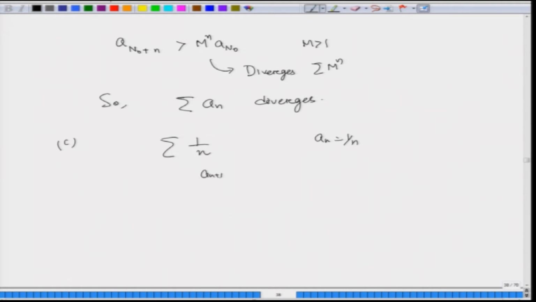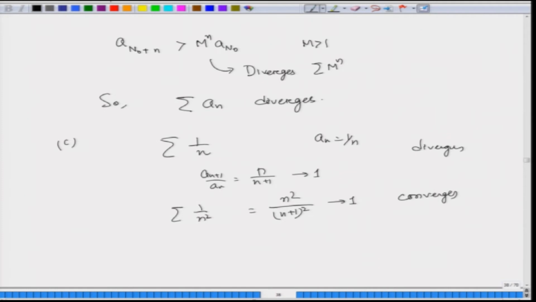Then a_{n+1} by a_n is equal to n by n plus 1, this goes to 1, but this series diverges, as we have seen earlier. Now, consider 1 by n square, a_{n+1} by a_n equal to n square by (n plus 1) square, this also converges to 1, but this series is convergent. So, if L is equal to 1, we may not conclude anything.